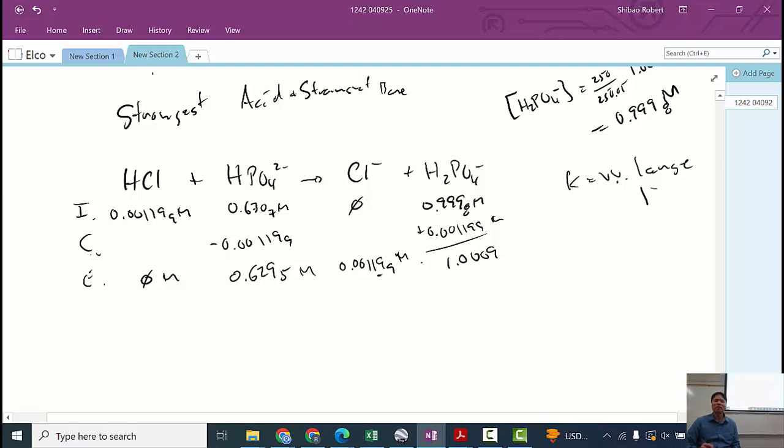So let's calculate the new pH, because in step 2, this is a buffer mixture. This is the base and its conjugate acid. That's an HH buffer. There's no more strong acid there.